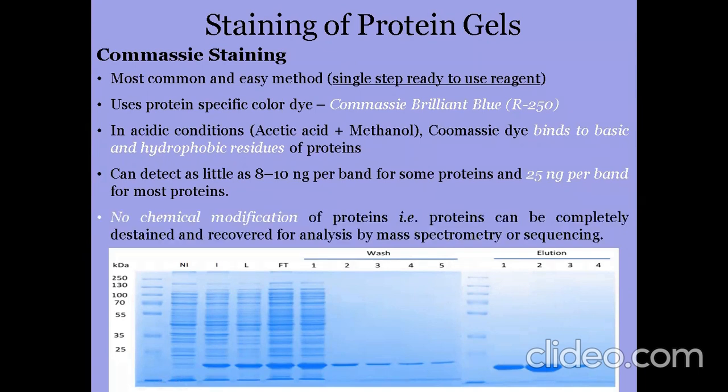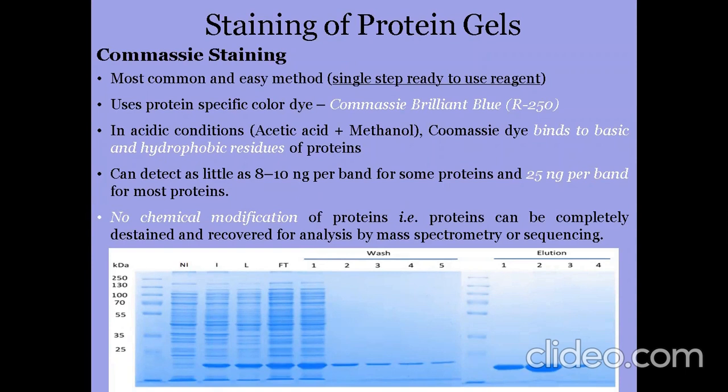So normally the concern is that either Coomassie stain will make some modifications in these proteins. If I want to use this protein for some other processes, I don't want to have some chemical modification in this protein, because I want to have this protein in the original conformation for further processes.